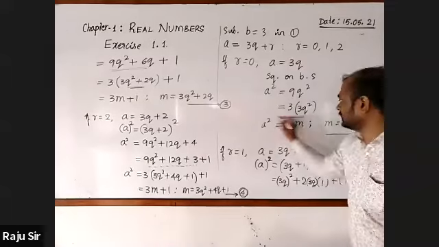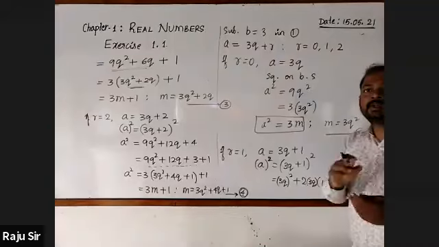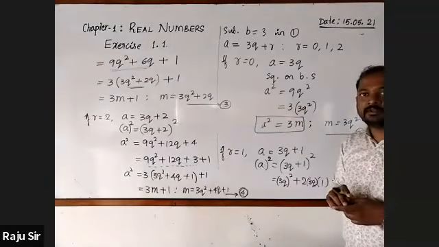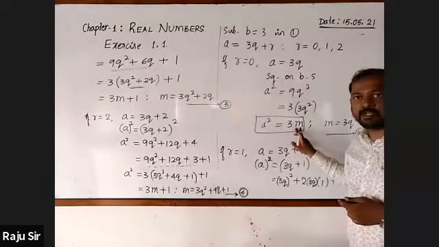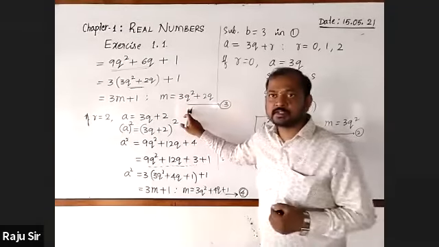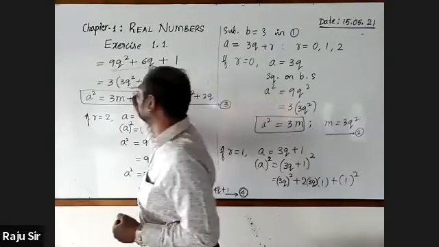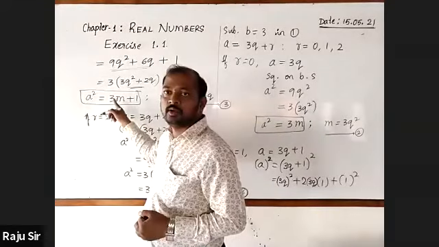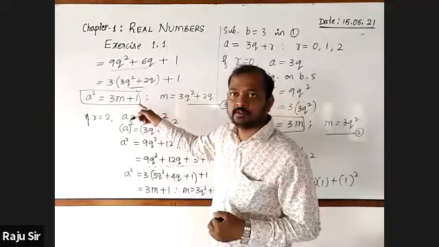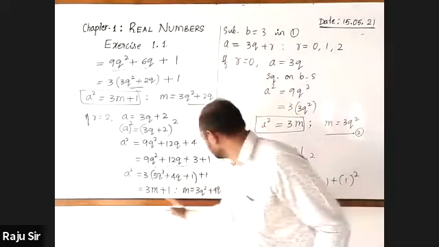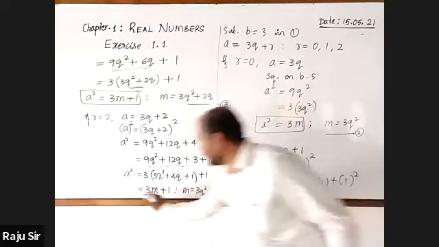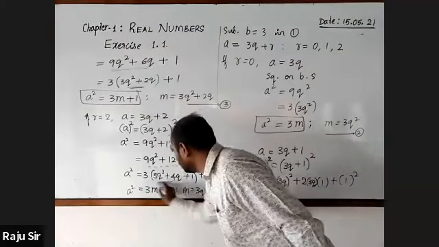Now, please come across this, statement 2. Look here. a square is 3m. I am highlighting this; you can also put a box for that. a square is in the form of 3m. Next, come across statement 3. a square is in the form of 3m plus 1. Highlight that with a box. And statement 4: here also, a square is in the form of 3m plus 1.